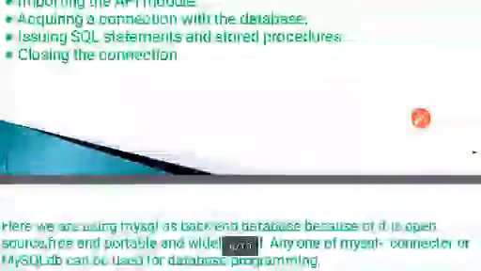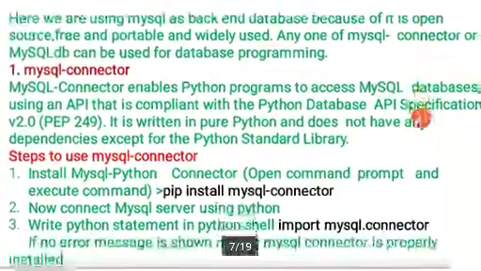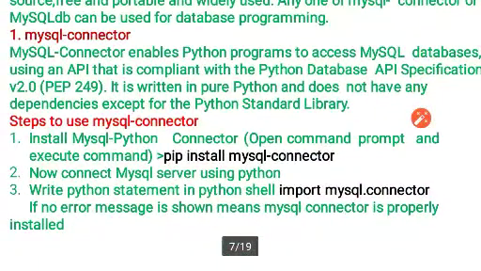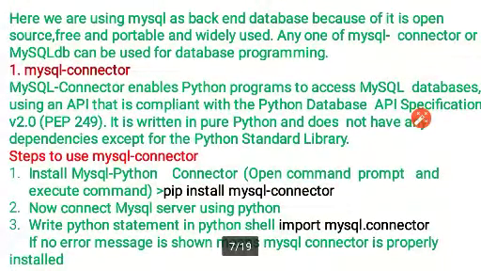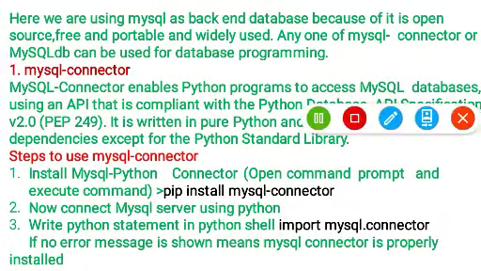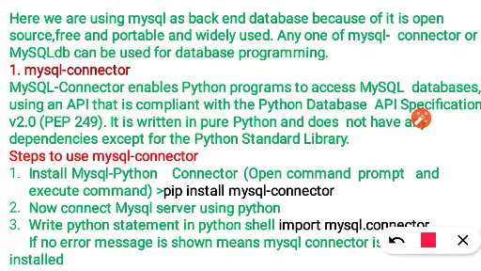Now let us see this connector, that is the MySQL connector. We can also use MySQLdb as another connector. One can use MySQL connector, one can also use MySQLdb. We will be using MySQL connector.